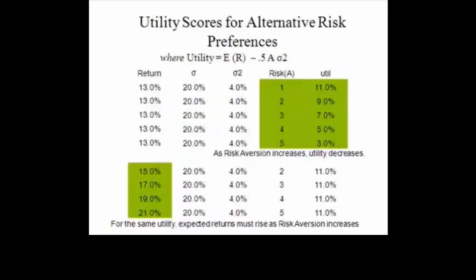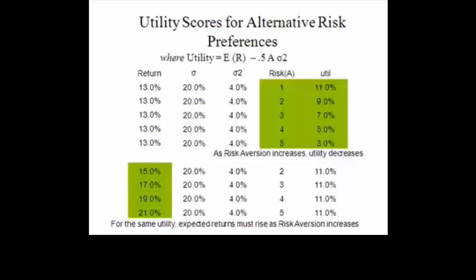In your text, Bodie expands on this concept to create a utility function that incorporates risk aversion levels. Bodie's utility is equal to the expected return minus 0.5 times the risk aversion level times the standard deviation of the return. In other words, the function is expected return minus the risk, with increasing levels of risk aversion resulting in a greater risk discount.